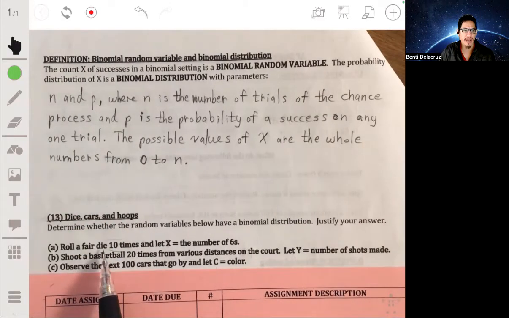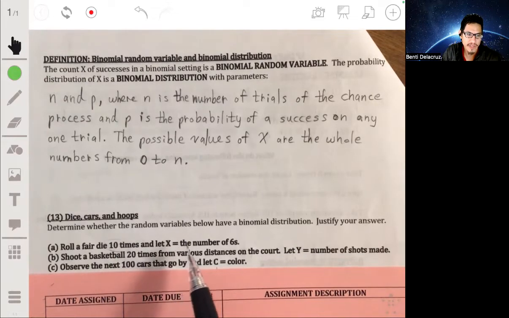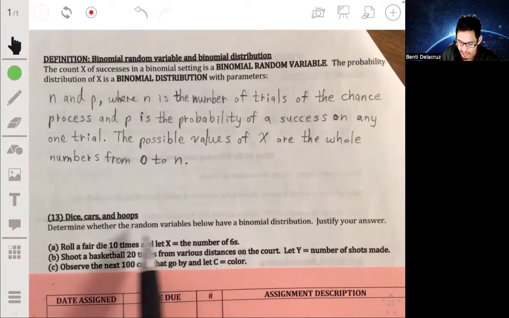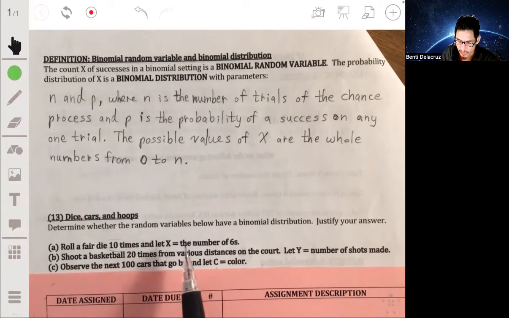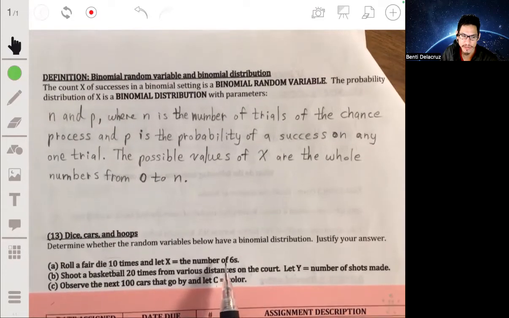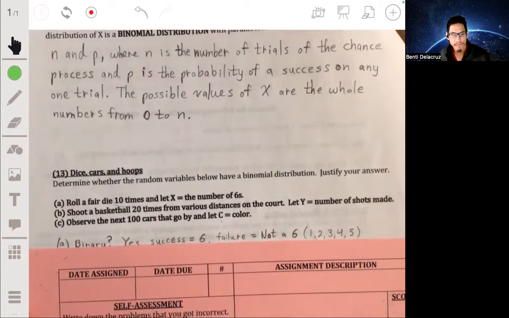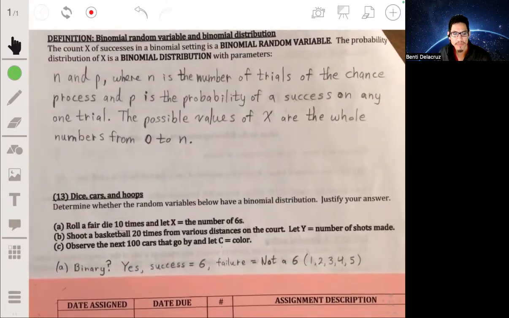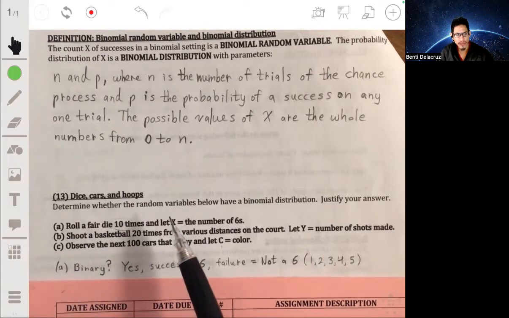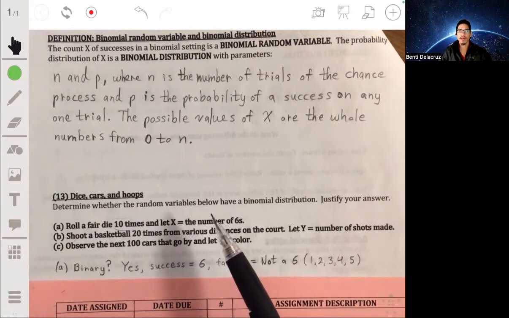Let's look at the first one. We have a fair die. We're going to roll it 10 times, and we're going to let X be the number of 6s. Does this count as a random variable with a binomial distribution? Let's check each condition. The binary condition: you can roll a die and either you get a 6 or you don't get a 6.